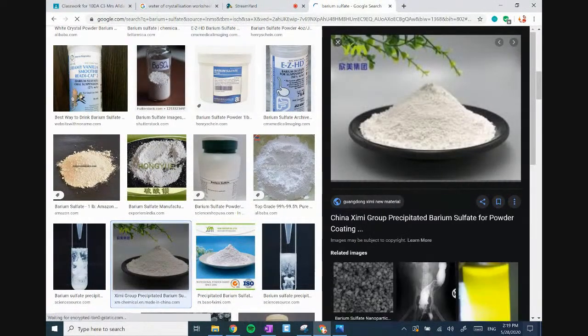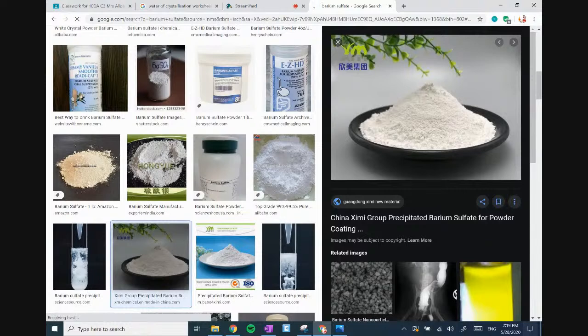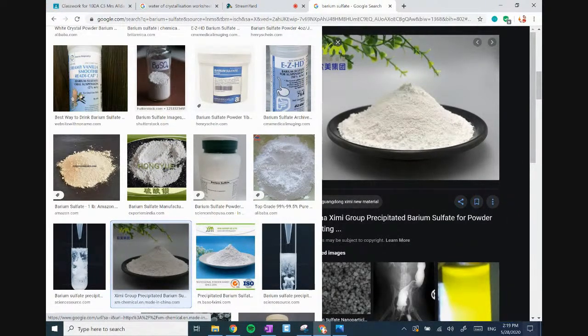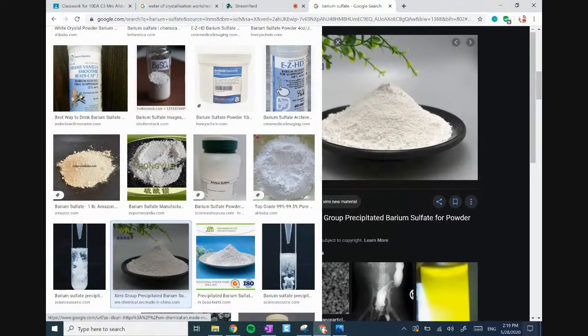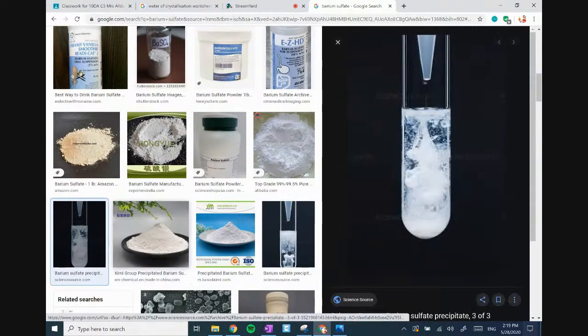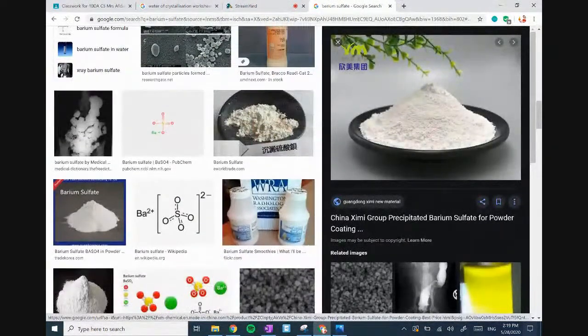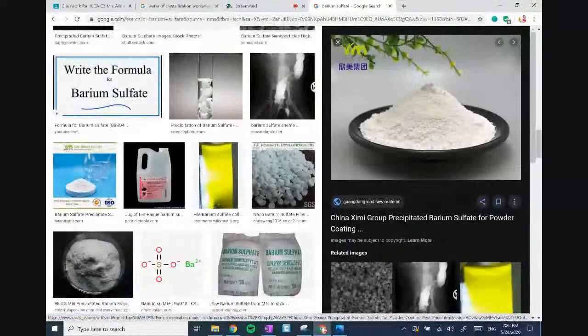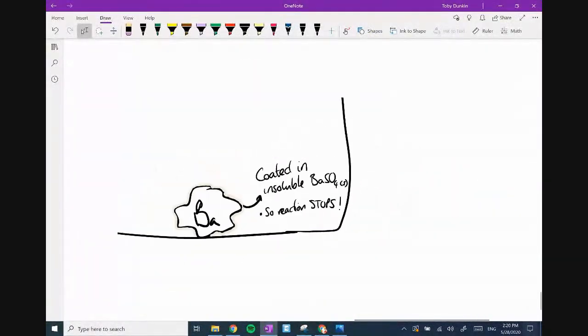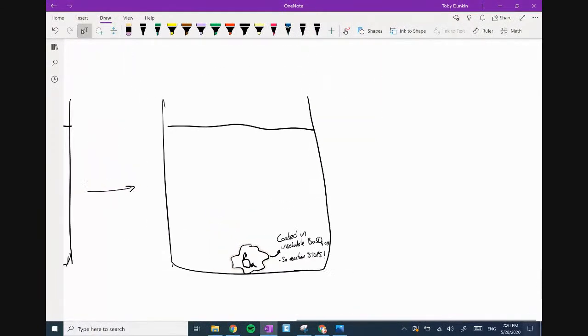Cream is not the same as white. You're allowed to call it white. It's just me being pernickety because I know stuff. Leave me alone, Kieran. You call it a white precipitate when you do the test for the sulfate ion. I'm just giving you facts here.